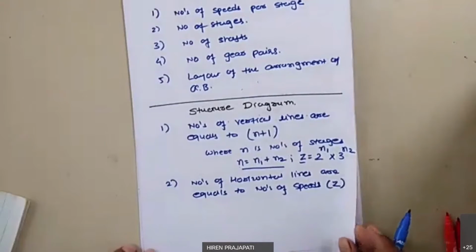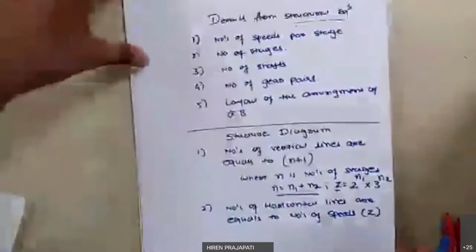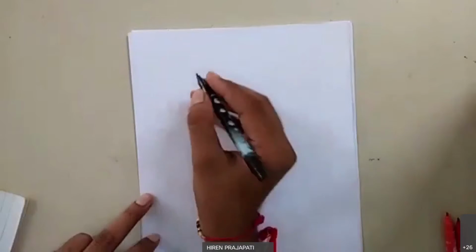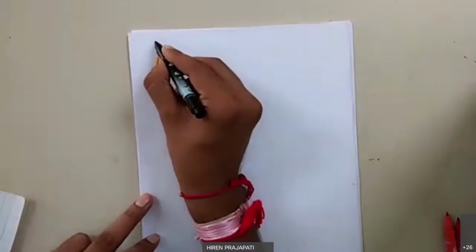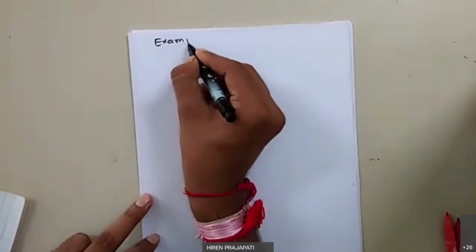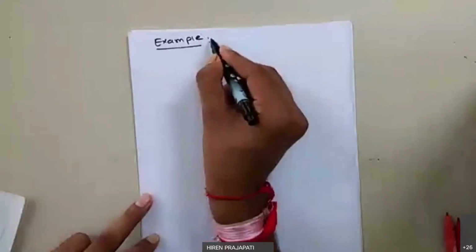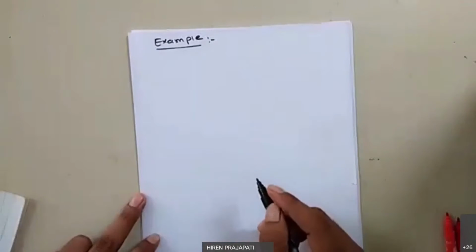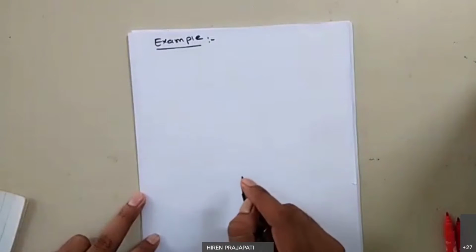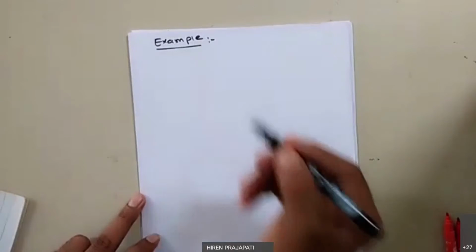So let us take one case where we want 4 speeds. Here we are taking one example, and through the example we will try to understand how to draw a structure diagram from a structure equation.